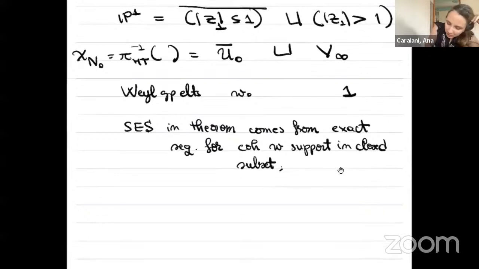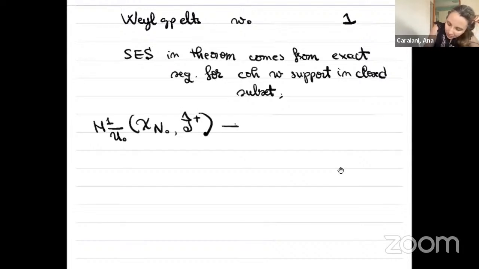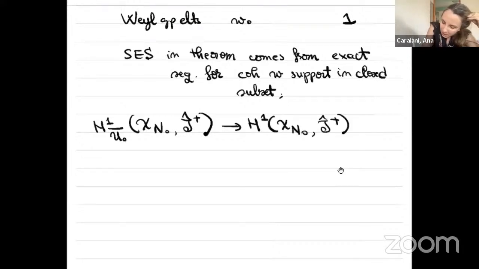So this is going to be H1 with support in this closed subset of X_{N0}, with coefficients in I hat plus. I'm not keeping track of the site, but for now we have to work with this quasi-pro-étale site. And then this goes to H1 of V infinity, I hat plus.